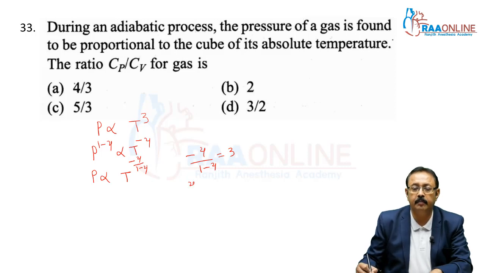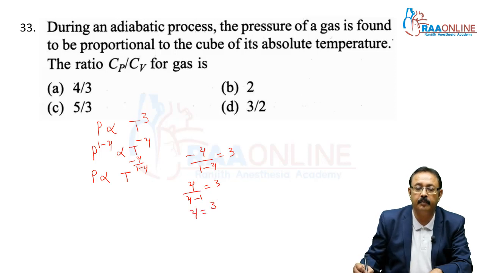It means gamma upon gamma minus 1 should be 3. Means gamma is equal to 3 gamma minus 3. So 2 gamma is equal to 3. So gamma is equal to 3 by 2, means 1 plus 1 by 2.